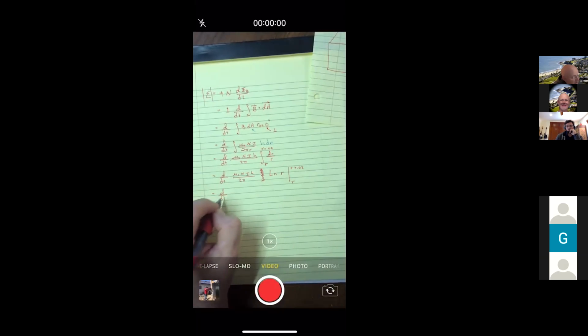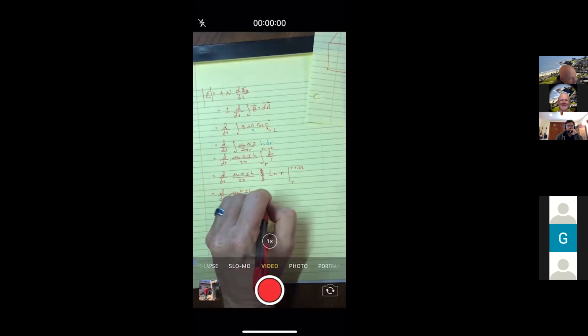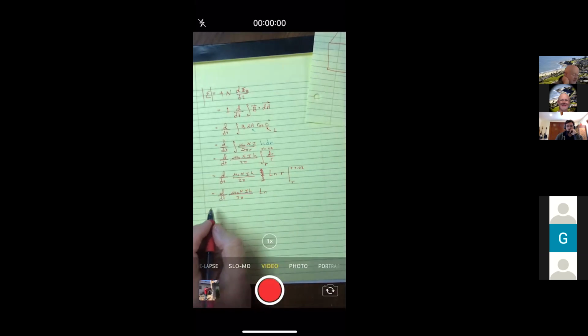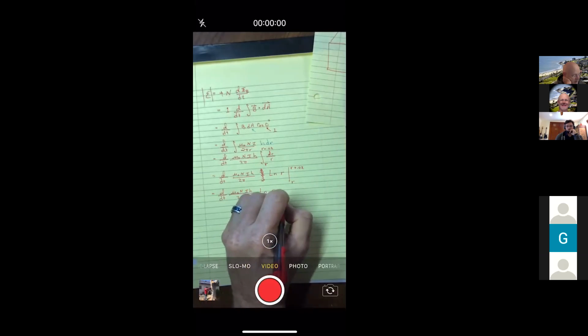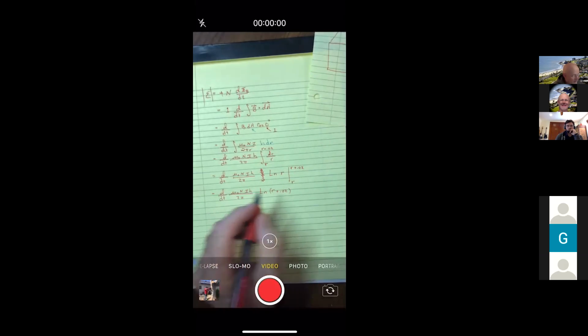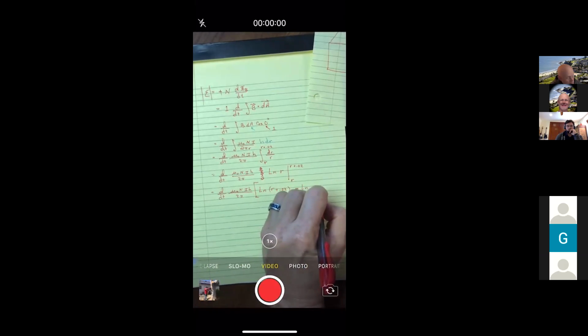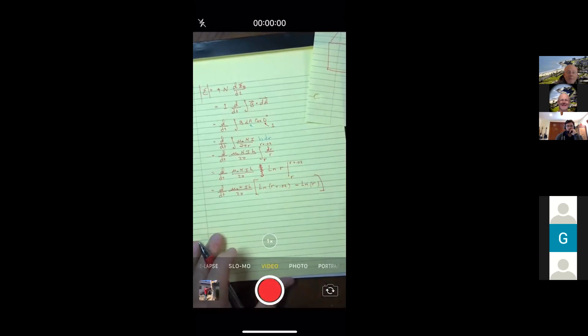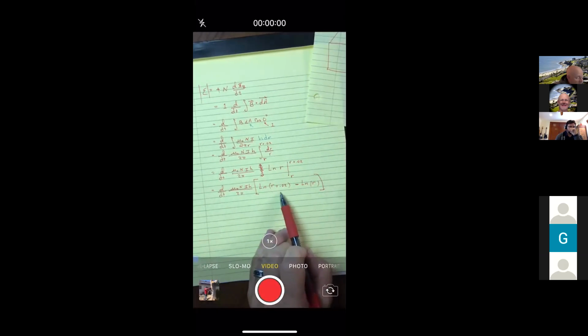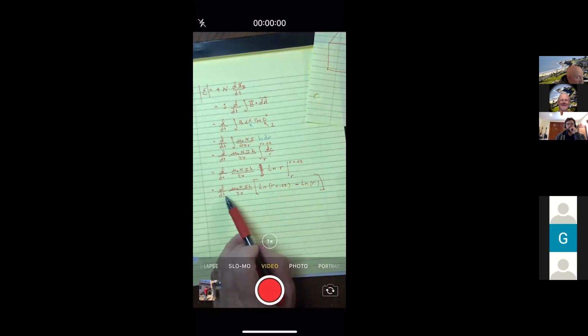So this becomes, I'll leave all that alone for just a second, ln of r plus 0.02 minus ln of r, which I could write as a quotient, and I often do, but I'm not going to do it this time because I see what's coming: I've got to take a derivative.